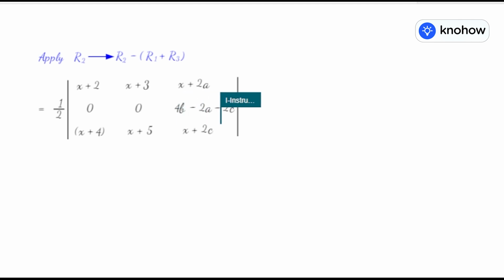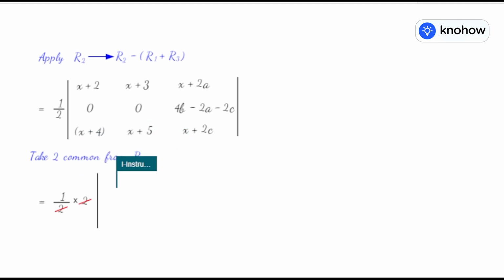And now taking 2 common from row 2. Half is already out. Take 2 common from the elements of row 2. So this 2 and 2 will cancel. Now keeping the elements of row 1 and row 3 as such, that is x plus 2, x plus 3 and x plus 2a.